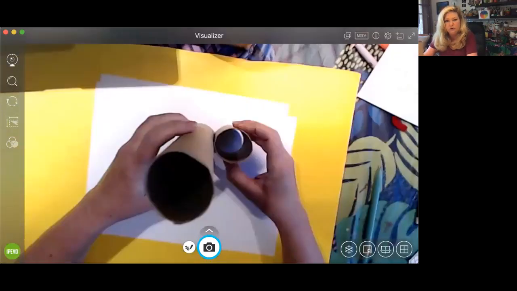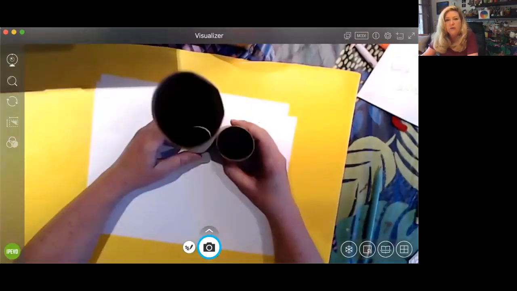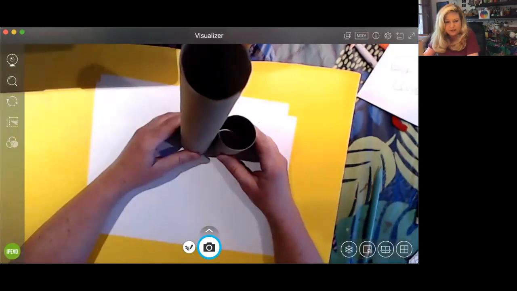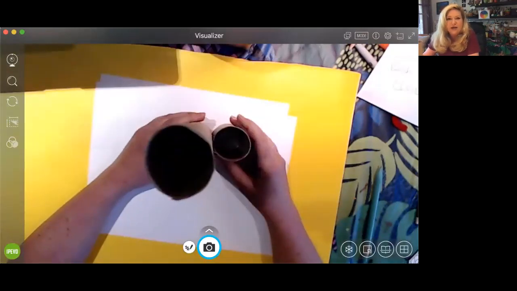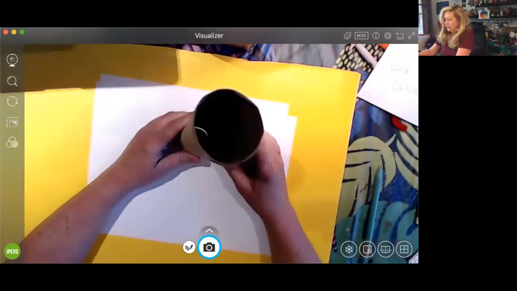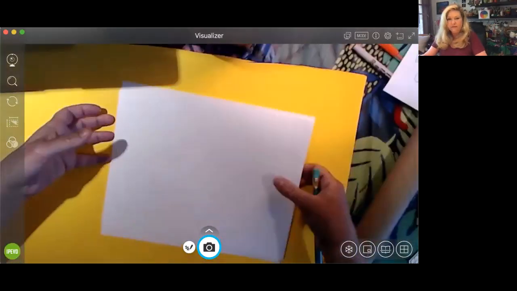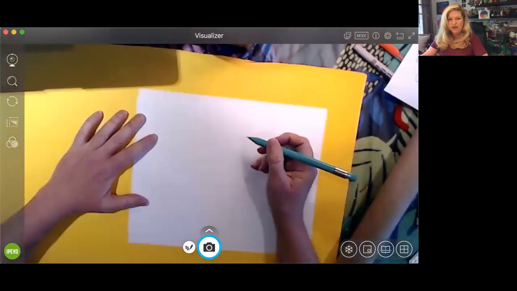Okay, so the perspective that we use, or the point of view that we use, is super exciting in art. Let me show you something as we're sitting here. What if you said, Mrs. Durst, draw a snowman?